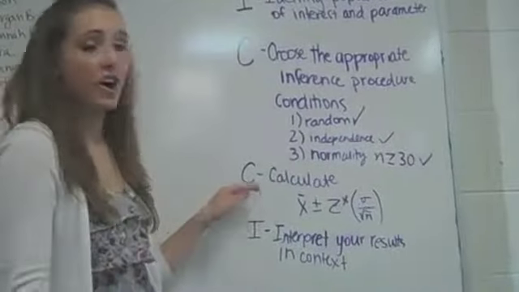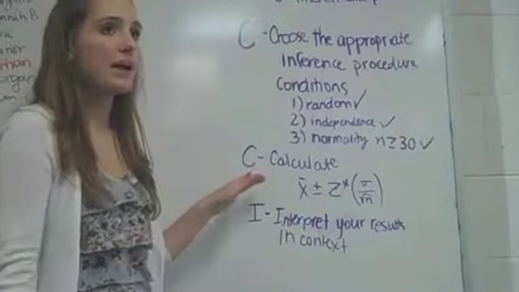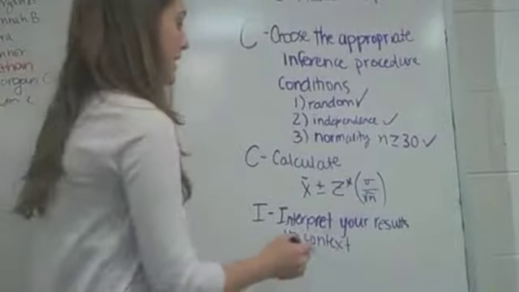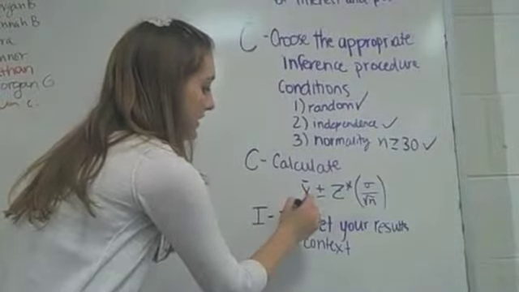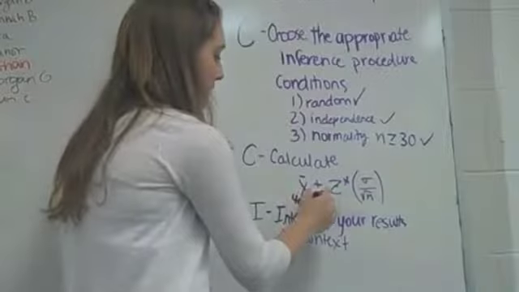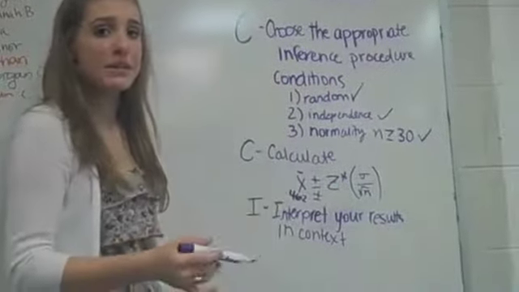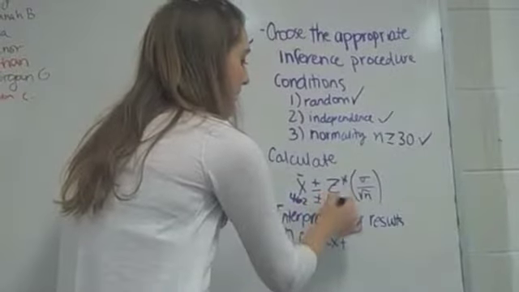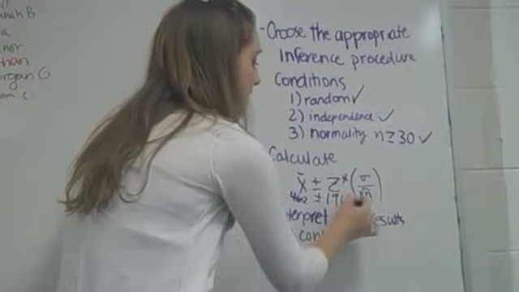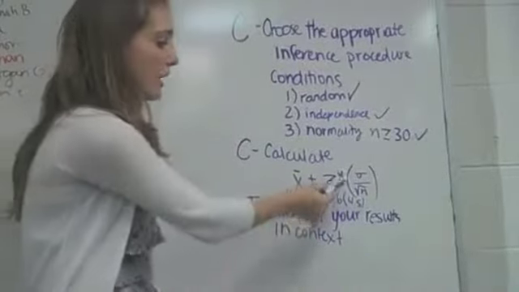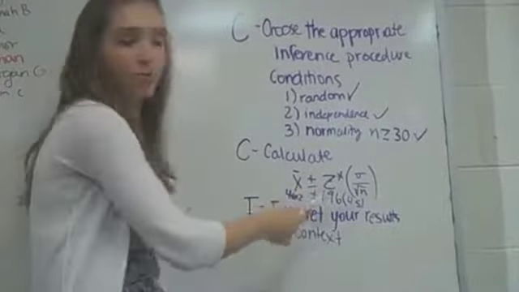Next, we're going to calculate our confidence interval. So say we want a 95% confidence interval. We would use this formula, and it would be 462 because that is the mean we found from our sample, plus or minus our z star for 95%, and this can be found on the chart that you were given, and this happens to be 1.96. I'm going to multiply it by 4.5 because, as we explained earlier, 100 over the square root of 500 is 4.5.